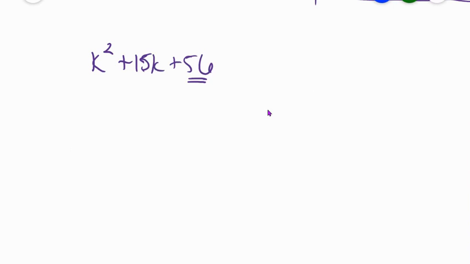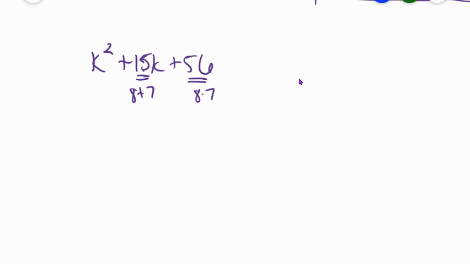Where did we get the 56 from in the first place? By multiplying the 8 and the 7, or the 7 times the 8. Where did we get the 15 from in the first place? By adding the 8 and the 7, or 7 plus 8. Doesn't really matter which one you say first.